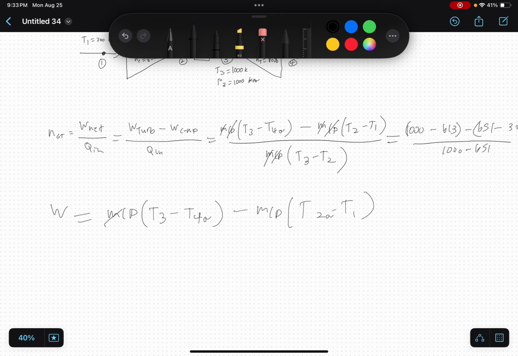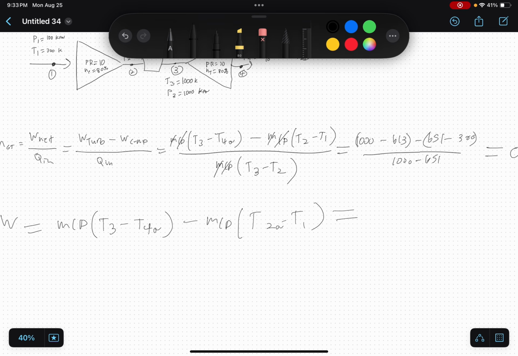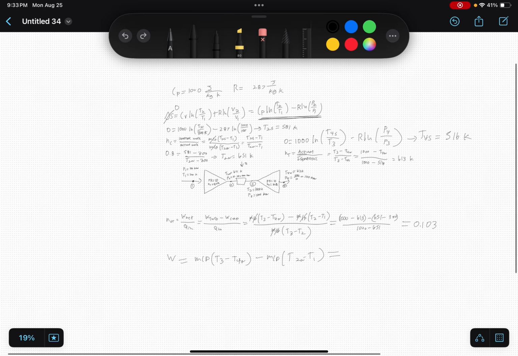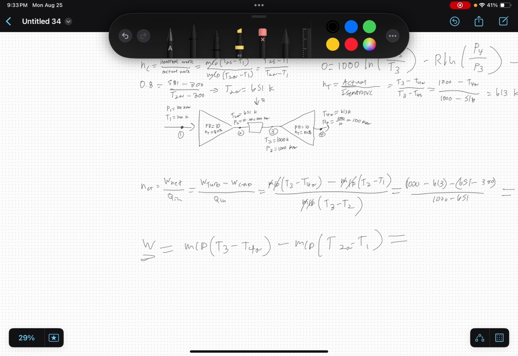Unfortunately, you can't cancel out the masses, so you actually need to know what they are. But we know Cp, we know the temperatures, so if we knew the mass flow rate, we could get the power output. Or if you're given the power output, you could back calculate the mass flow rate here.